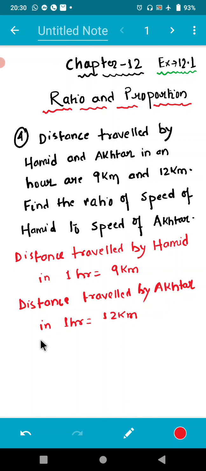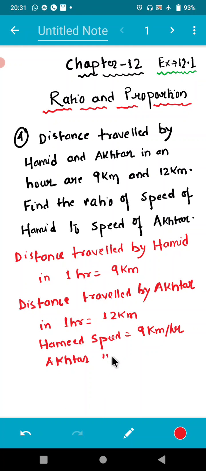Hamid speed is equals to what? 9 kilometer per hour. And what is Akhtar's speed then? As Akhtar travels 12 kilometer in 1 hour, we can write 12 kilometer per hour.